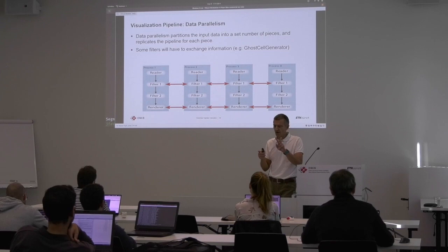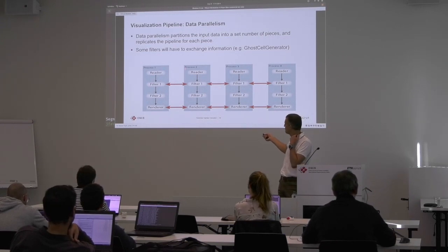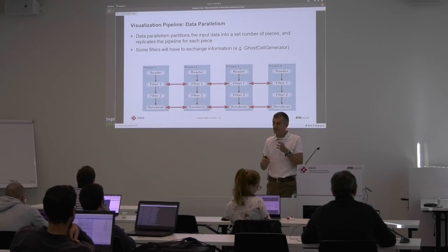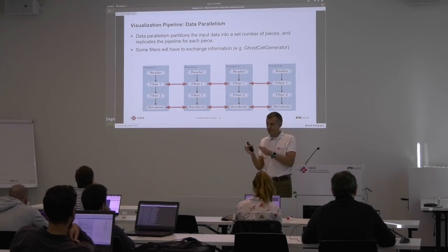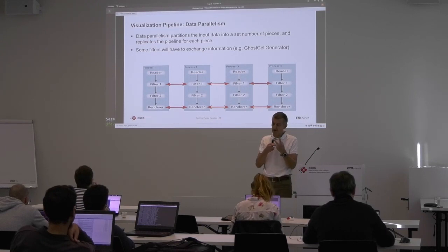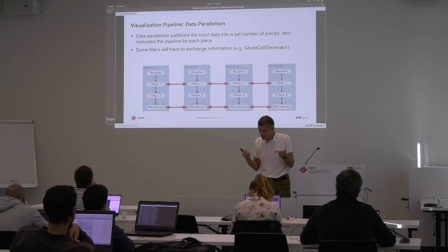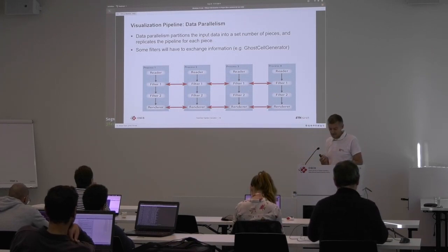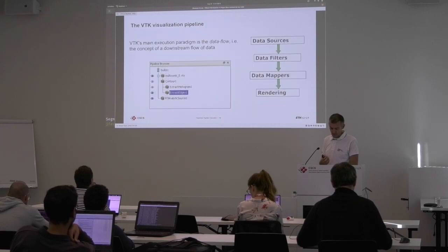And then you can run on two processors, and then you would have two pipelines. Now the decision about splitting a volume, like I said, two pieces of 1024 cube or more pieces, that decision is left to the ParaView executable.